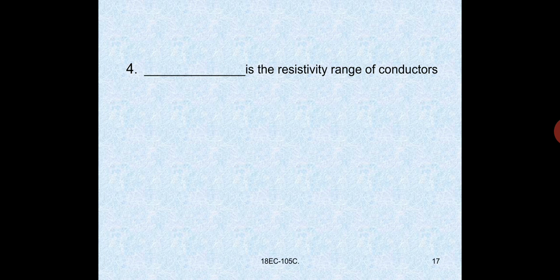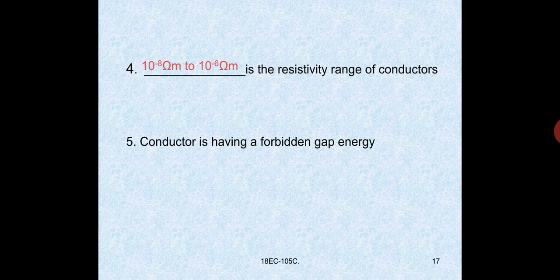What is the resistivity range of conductors? It is 10 to the power of minus 8 ohm-meter to 10 to the power of minus 6 ohm-meter. Now, a conductor has a forbidden gap energy.